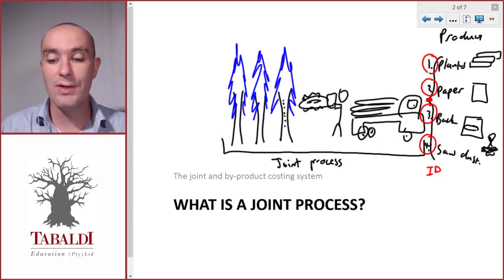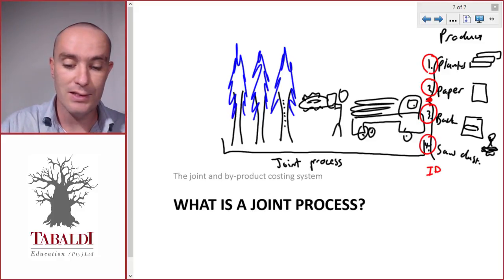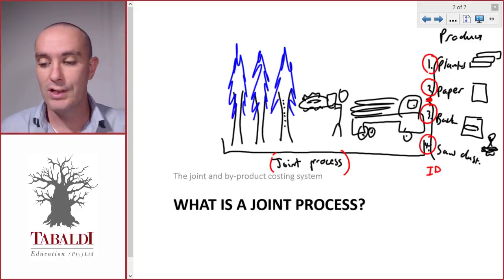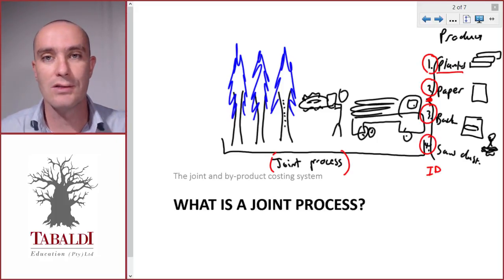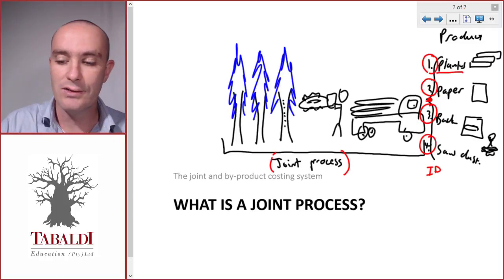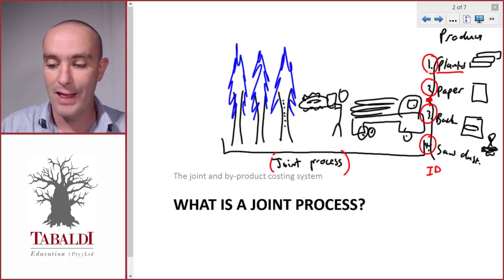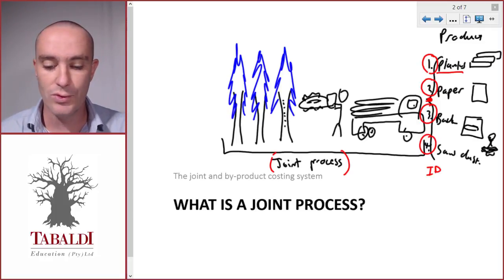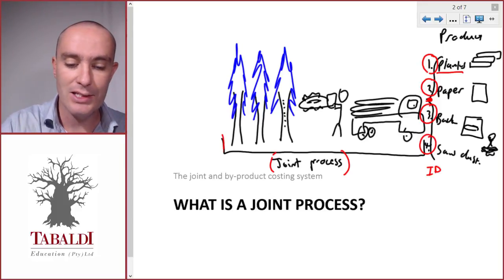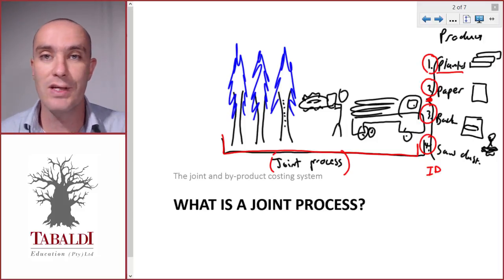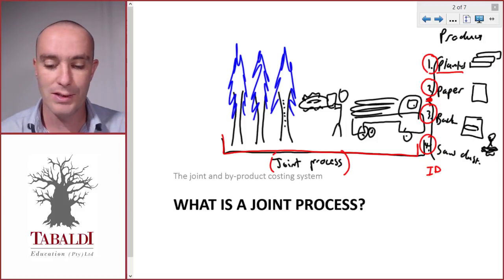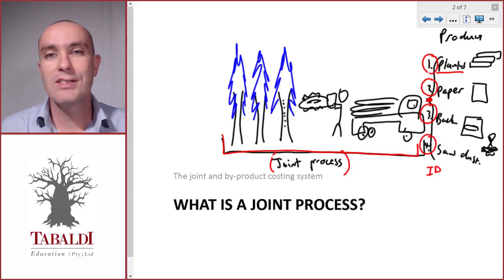We also can't manipulate this process to yield only good planks but no bark and no sawdust, or to only yield wood for paper and no bark or sawdust. So the joint process has to be carried out before we know how much of each of these products will come from the process. Now, what is the problem with this?